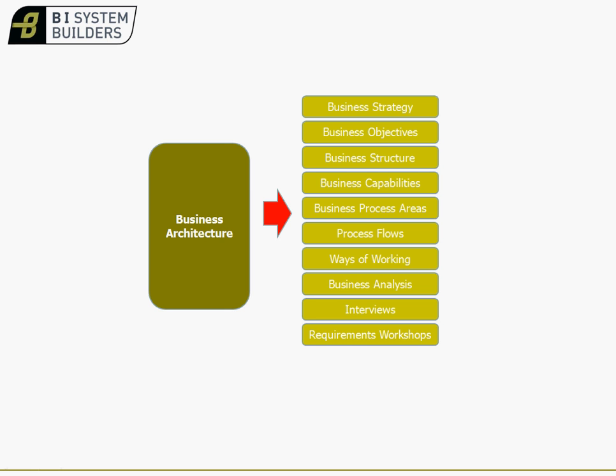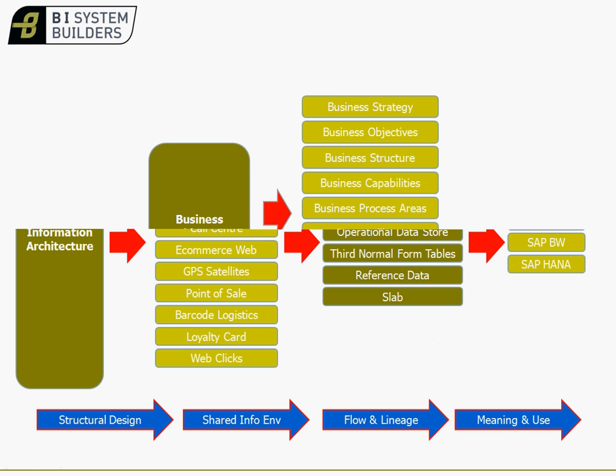Otherwise, it's possible that the solution architecture you design doesn't meet the requirements of the business strategy, doesn't meet the business objectives, is impossible to implement because you don't have the business structure in place, and requires all sorts of capabilities that don't exist within the business. Now sometimes you will be asked to create solution architecture that brings in new capabilities, but that needs to come from very senior positions, CEO, CTO, this sort of thing.